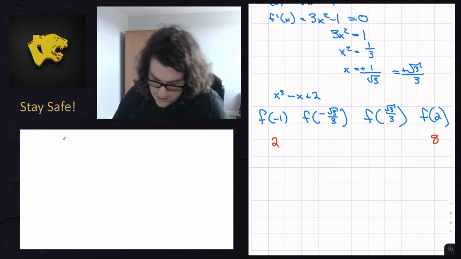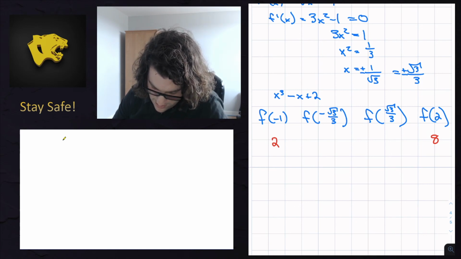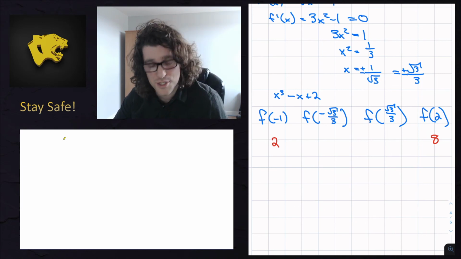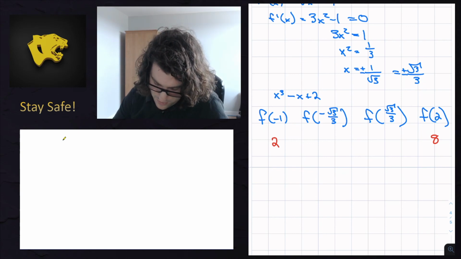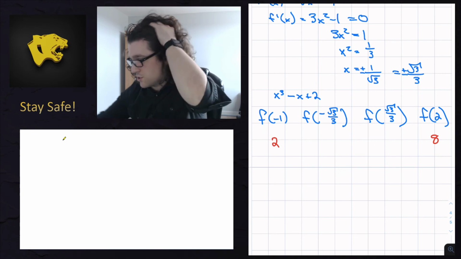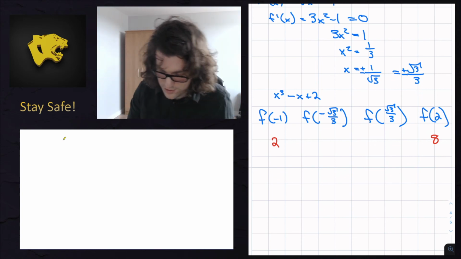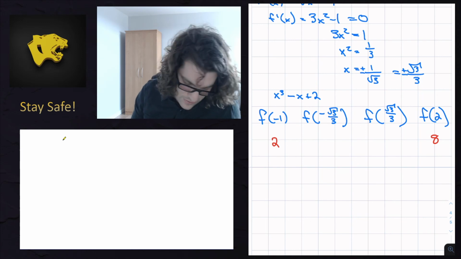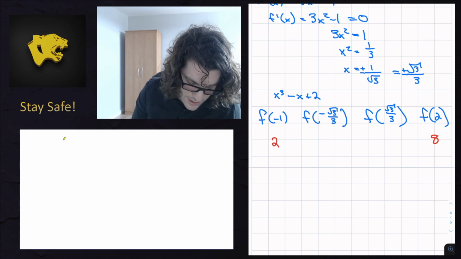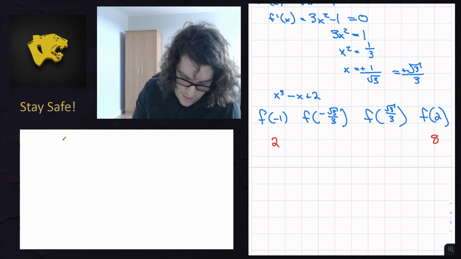Now, I'm trying to think. I probably should just kind of cheese it, and I'm going to grab my calculator just to do the cube of the root that's there, because if it was a square, I might not worry about it too much and just do it by hand, but I want to make sure I get values that are reasonably well done. So we're going to say it's negative the square root of 3 divided by 3.